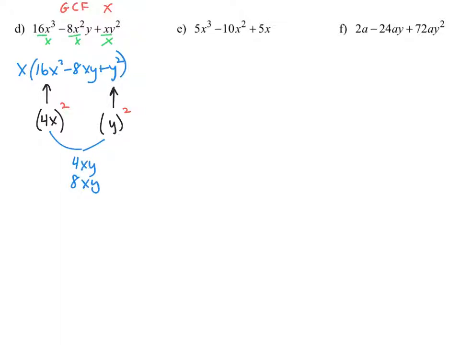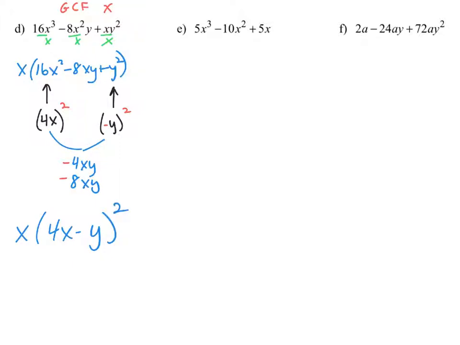But notice that middle term has a negative in it, so we're going to need to take care of that by making that negative y quantity squared, so that we end up with the product of negative 4xy doubled to get negative 8xy. So in factored form, we can write this as x times the quantity 4x minus y, all of it to the second power.